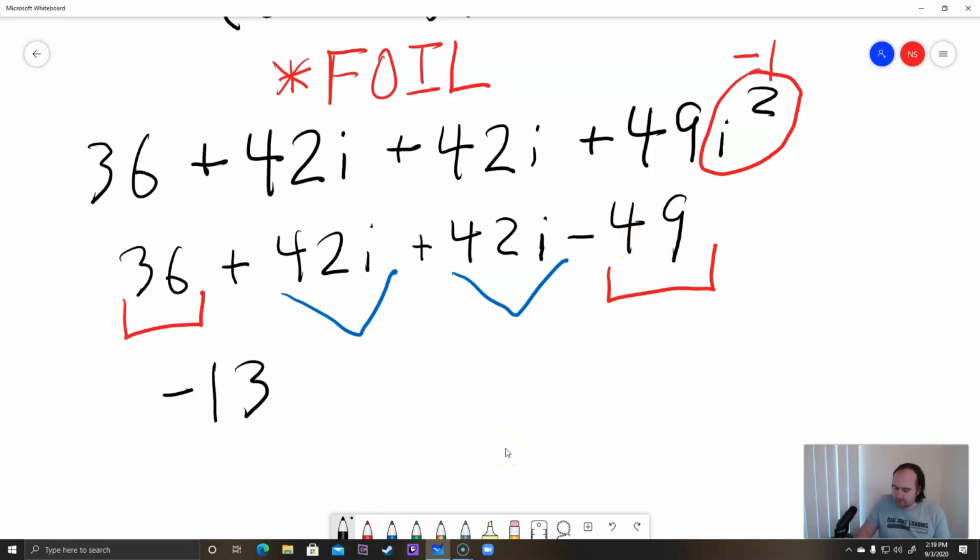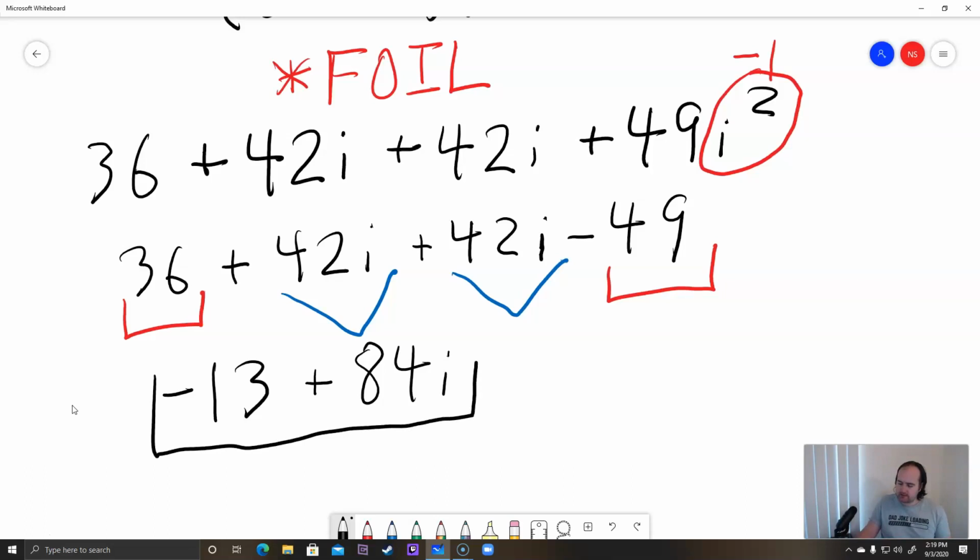So we have negative 13, and then 42i plus 42i is going to give us 84i. So we have negative 13 plus 84i. Okay? And notice we've got it in standard form, a plus bi, so we're done. So this is going to be our answer. Negative 13 plus 84i.